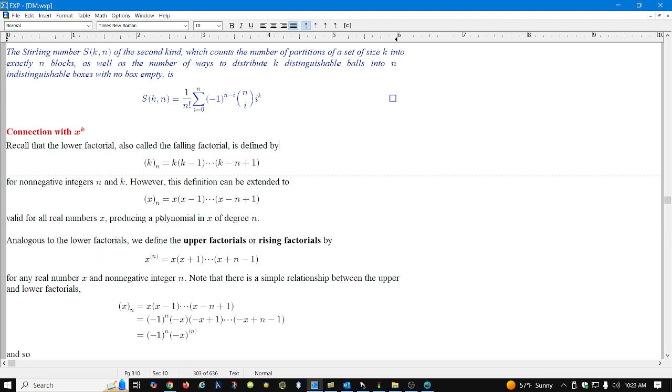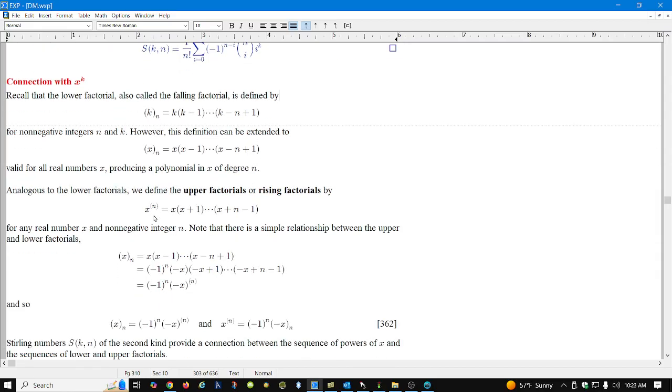This is in fact a polynomial of degree n. Analogous to the lower factorials are the upper factorials, also called the rising factorials. And they look like this, the same pattern. Start with x, but you increase each factor by 1, and there are n factors.